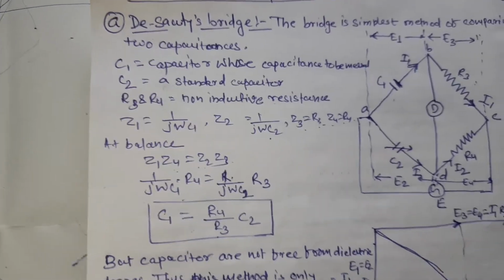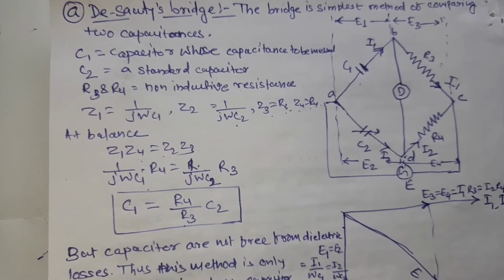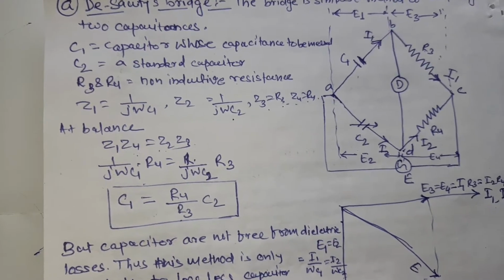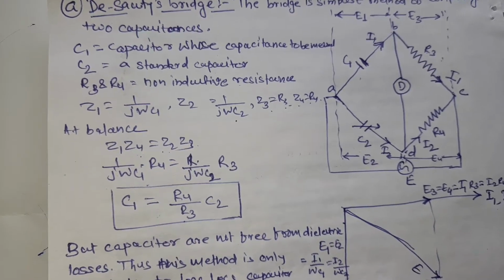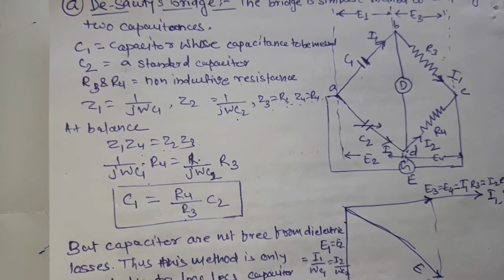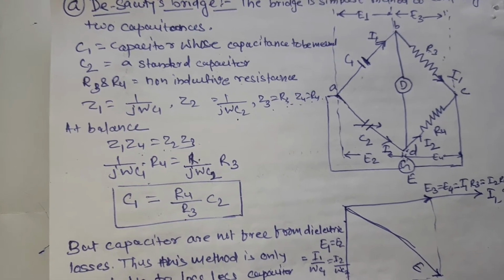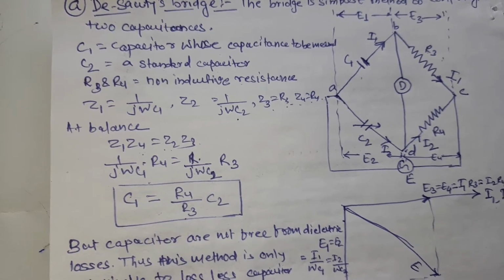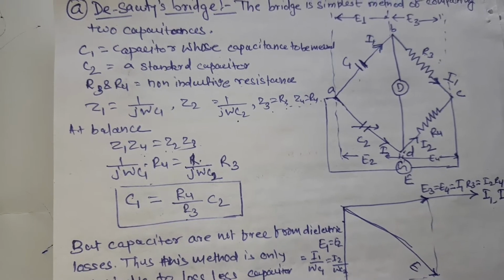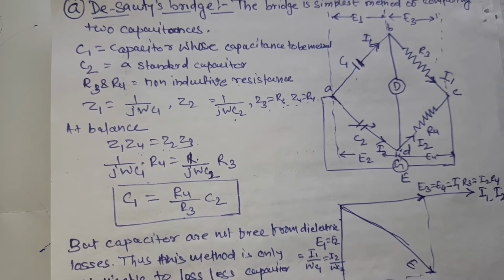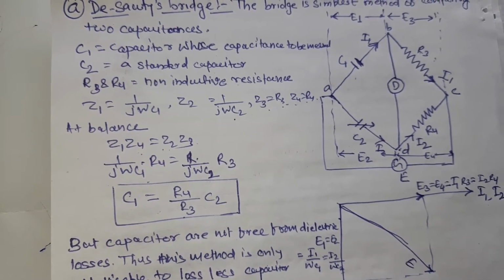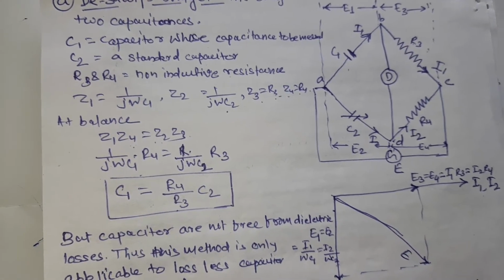But this method is only applicable when C1 and C2 are lossless capacitors. Lossless capacitor means there is no internal resistance, and it is only applicable for air core capacitors.